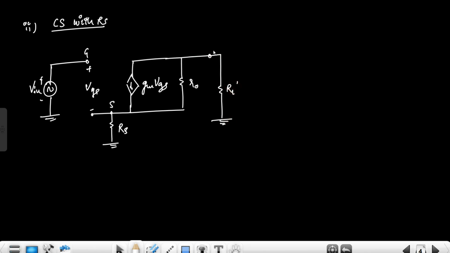And here is the load resistance. So now we can't apply KCL at this drain terminal, right? Because of this source resistance, right?